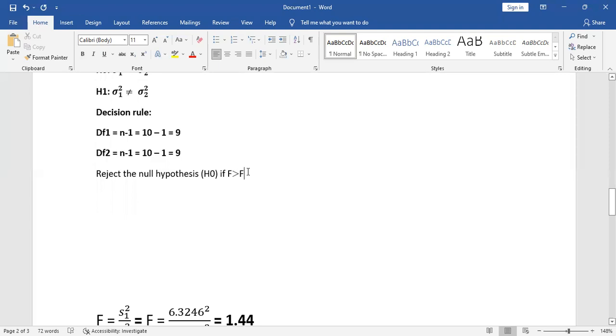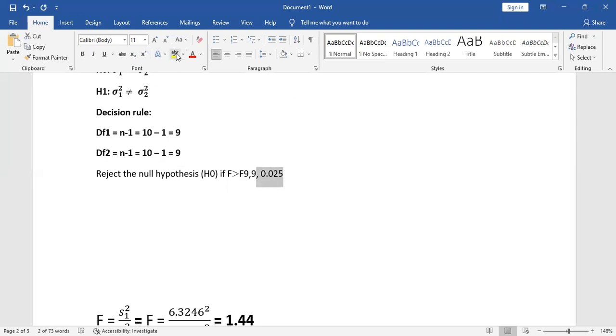Okay? So now we are saying, reject the null hypothesis if F, meaning the F that we are going to calculate, is greater than F at 9,9 at 0.025.